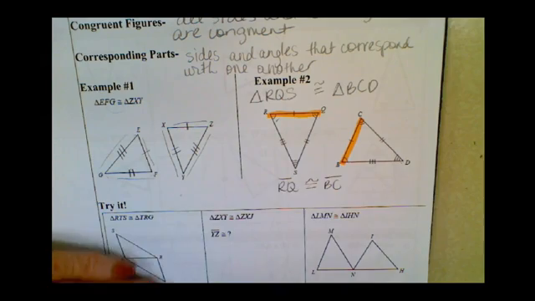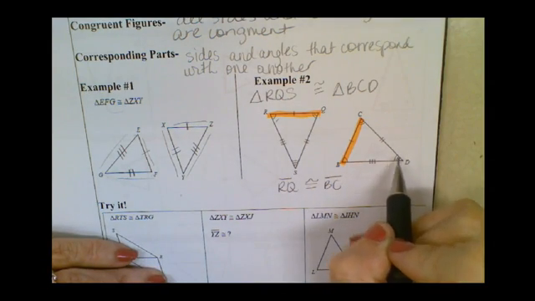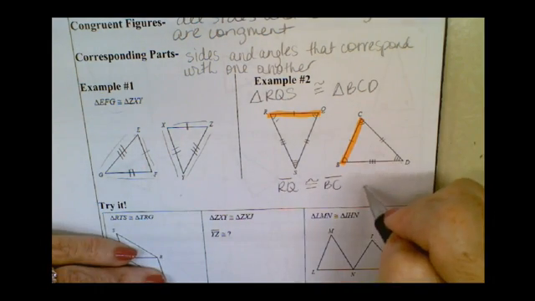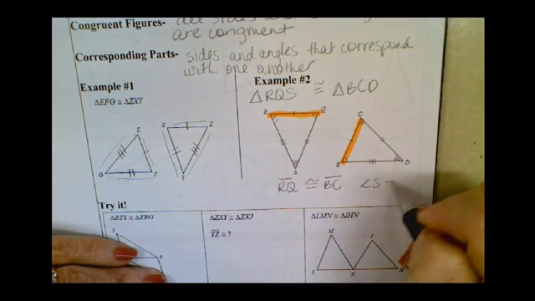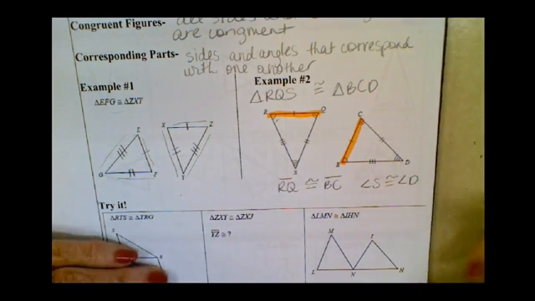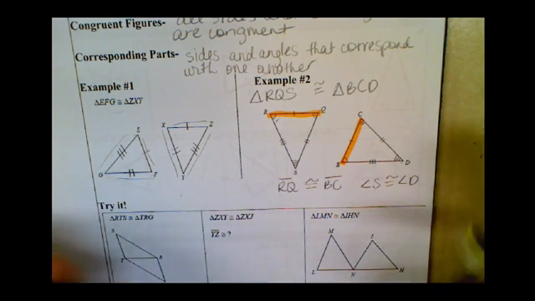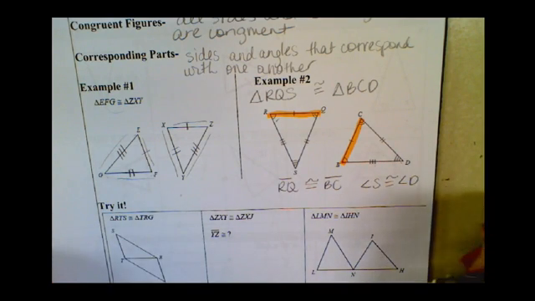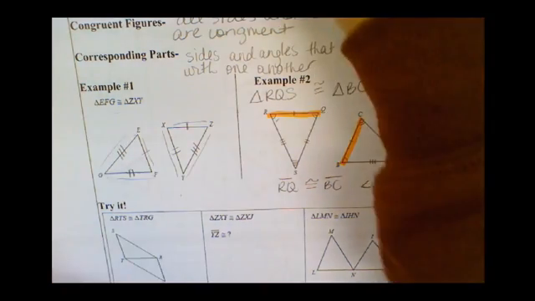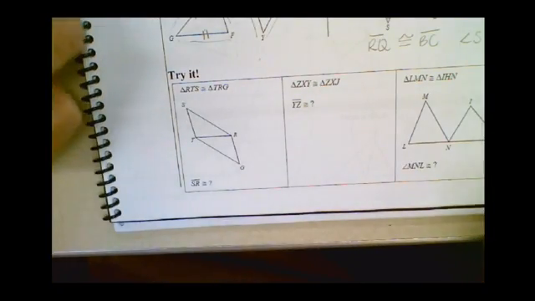Likewise, I could say that my two angles that have the 3 tick marks are congruent to each other. So I could say angle S is congruent to angle D. And these are going to be really necessary when you are working on your proofs. Okay? All right, so let's try a few.